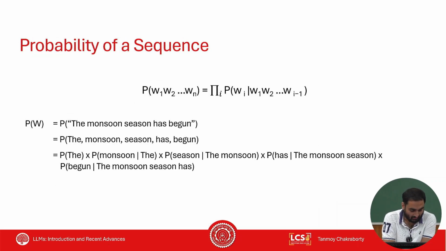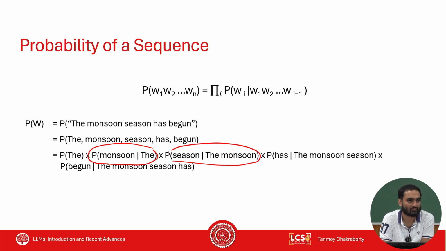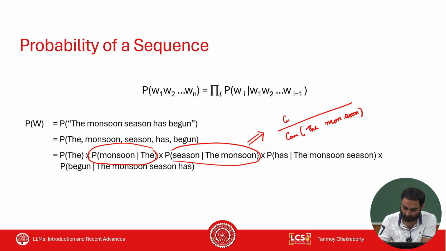Okay. So now the question is, how do you measure this probability? Probability of monsoon given the, or probability of season given the monsoon. What do you think? You were already given a corpus. It's a significantly larger corpus, right? So how do you measure this probability? It's very simple. You first measure the count of the monsoon. This is going to be the denominator, and the numerator would be the count of the monsoon season, right?